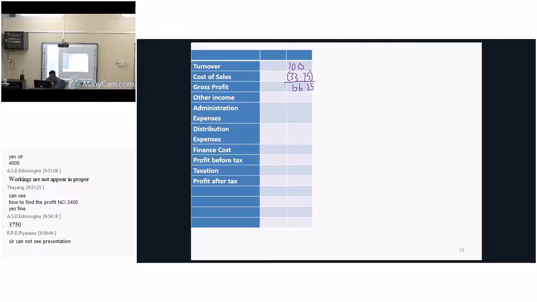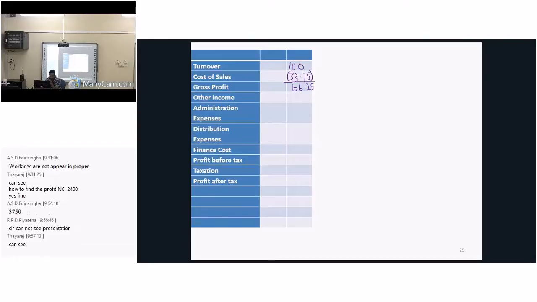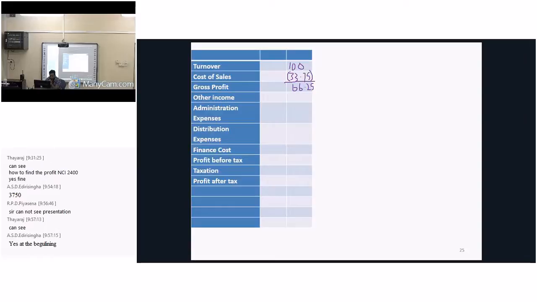Either Singha, Thayaraj, can't you see the presentation, please? I think the problem is with your machine or the computer. The presentation can be seen by others.